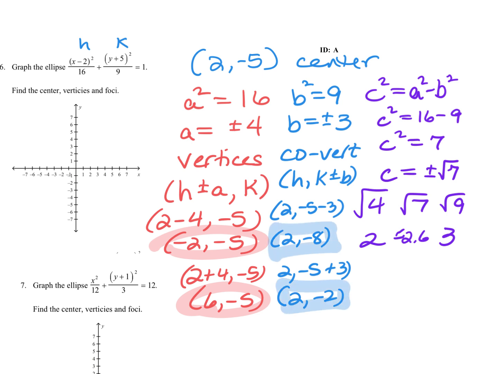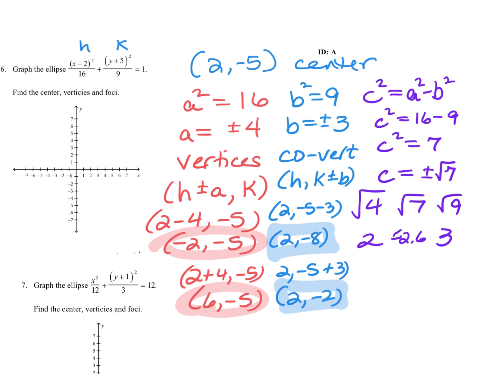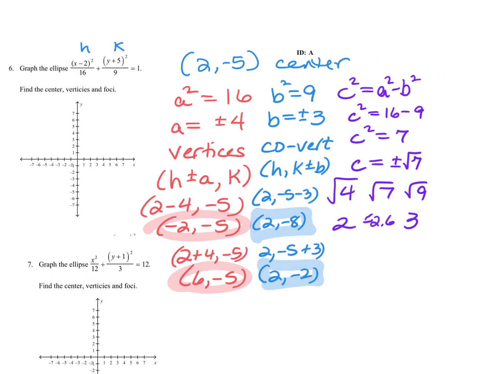And now let's do the focus points. And again, when you list them on the line, I want them in radical form, not the approximated decimal. So the same place you added a, the red writing, that's where you're adding c as well. So for the foci, h plus or minus c, comma k. So whatever you did with the a, add it to the same thing you did for the c.